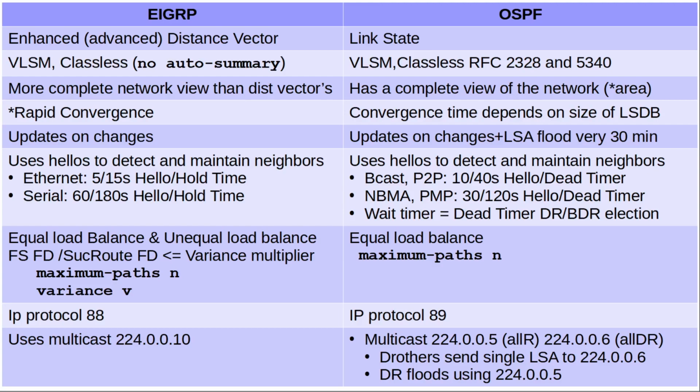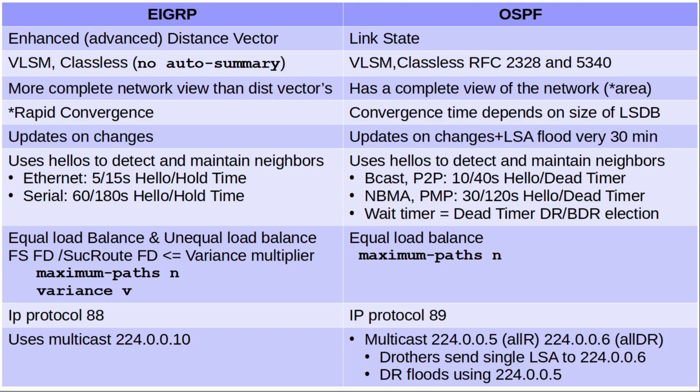EIGRP is a proprietary Cisco protocol that has released an RFC to show how it works, whereas OSPF has always been a standard multi-vendor protocol defined in several RFCs.